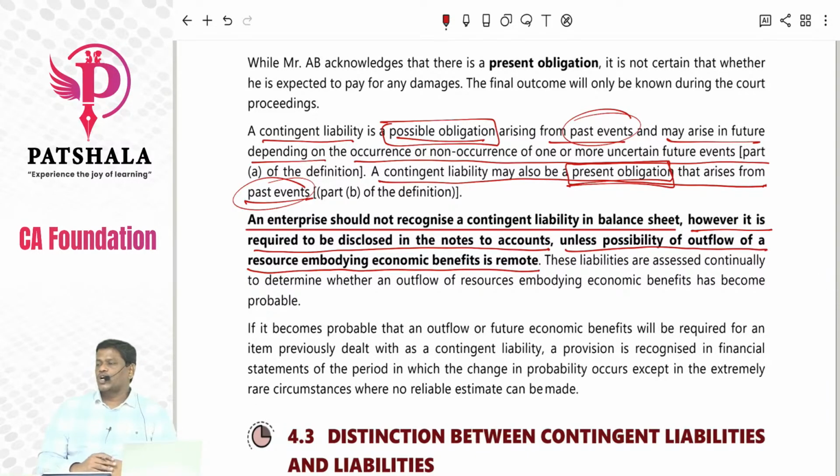An enterprise should not recognize a contingent liability in the balance sheet.